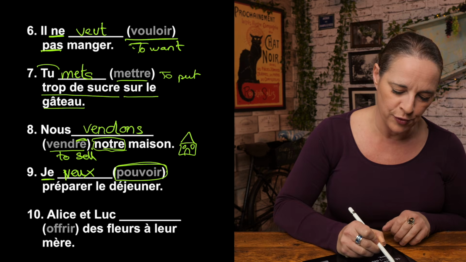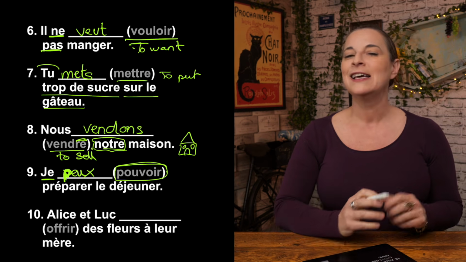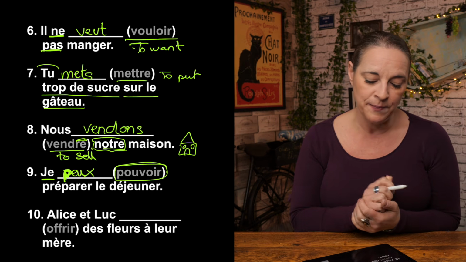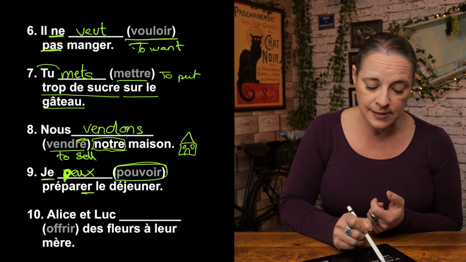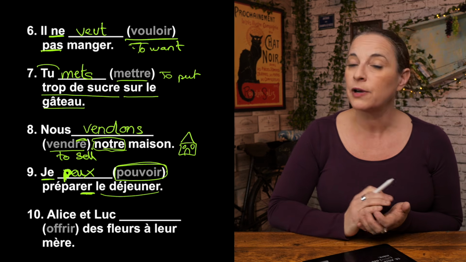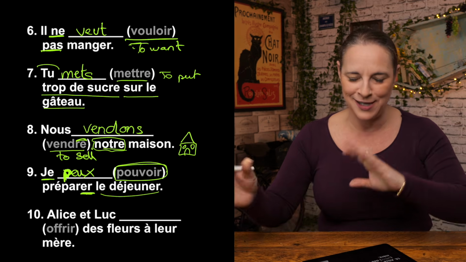Sorry, je peux, correction. See, I'm mixing the vouloir and my pouvoir together. It's the same anyway, the ending. So, je peux, I can. Préparer le déjeuner. I can prepare, and here's an infinitive. I can do that, okay. Breakfast. I can prepare breakfast. No, lunch. Sorry, petit déjeuner is breakfast and déjeuner is lunch.